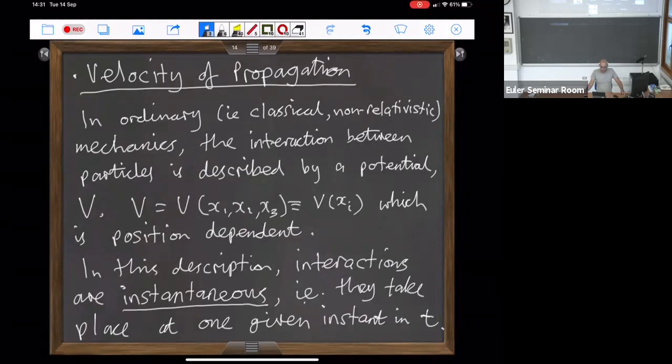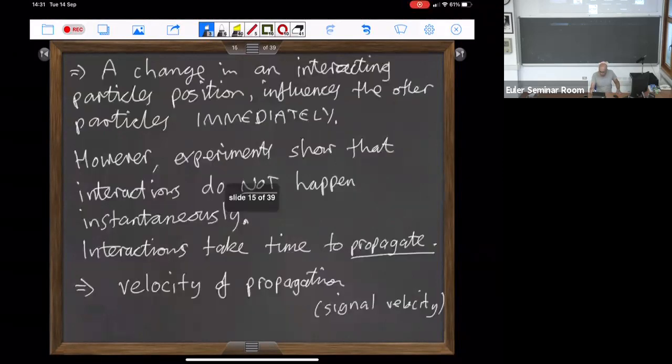They take place at one given instant in time. For example, if you have a system of particles with some potential, if you change the position of one of the particles, the other particles in the system respond immediately, according to classical mechanics.